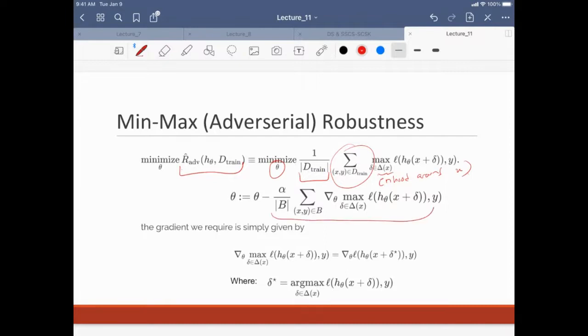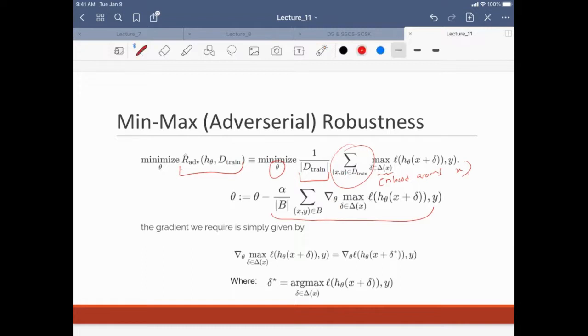You can compute this easily because, as we have seen in convexity, the max of a set of functions is convex. Here you can compute the gradient of this max by taking the gradient at delta star, where delta star is the argmax. So you compute the perturbation which perturbs your loss the most, and then use that when computing the gradient.